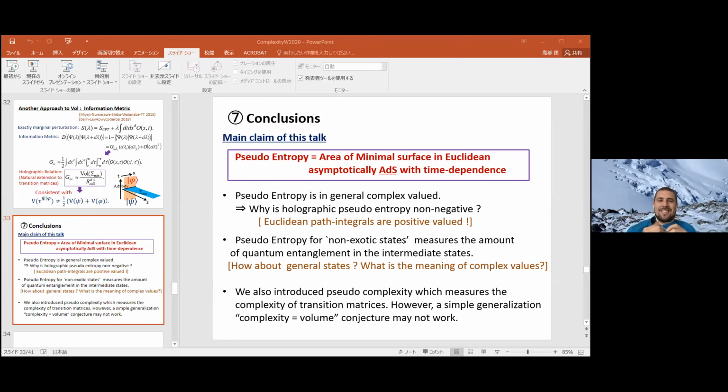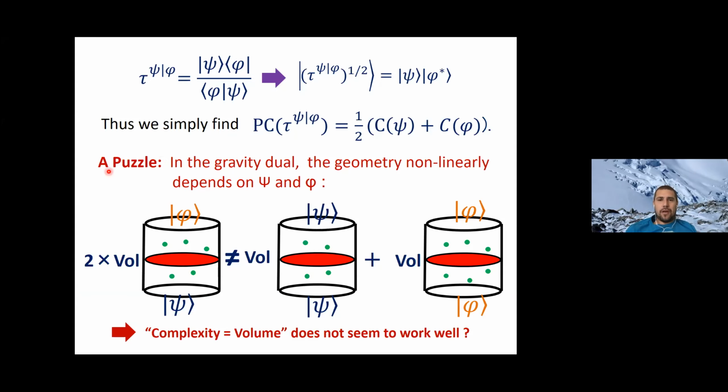Okay. So I was trying to understand what's special about the family of states where the pseudo entropy is positive. And one thing from the holographic point of view that's special about the states where all the Euclidean sources are real is that, from the Lorentzian picture, all the conjugate momenta are set to 0.